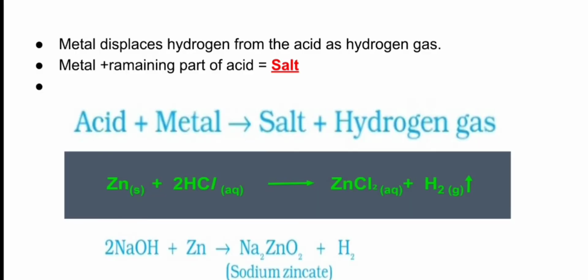From the experiment, we get the conclusion that any acid which reacts with a metal displaces hydrogen from the acid as hydrogen gas. Then the metal reacts with the remaining part of the acid and we get a salt also. Similarly, any base which reacts with a metal gives salt and hydrogen gas.